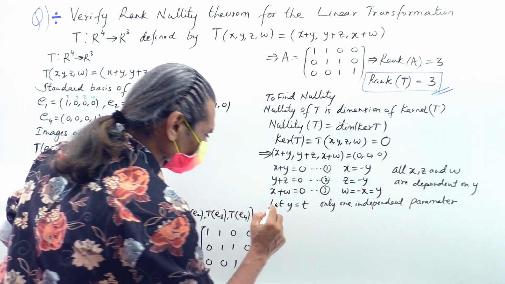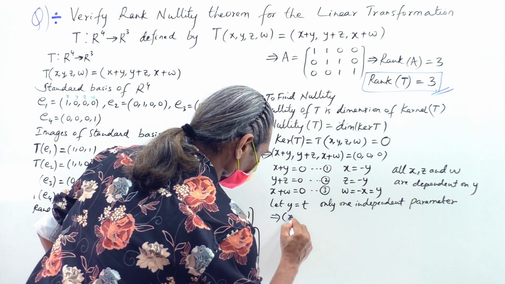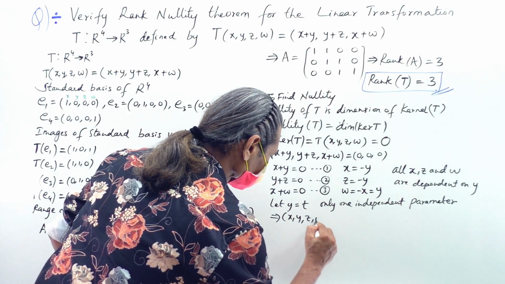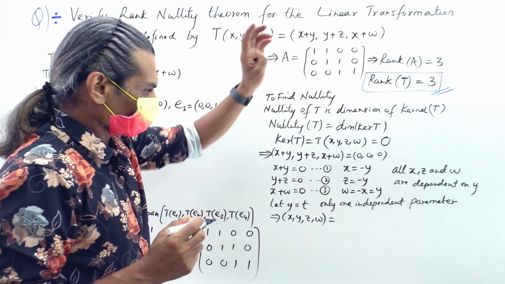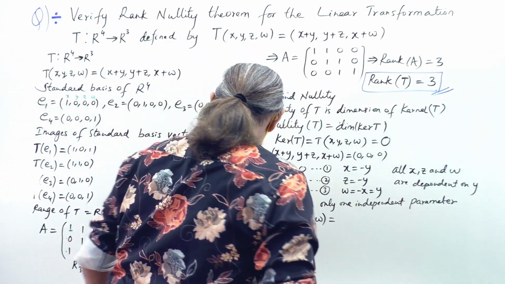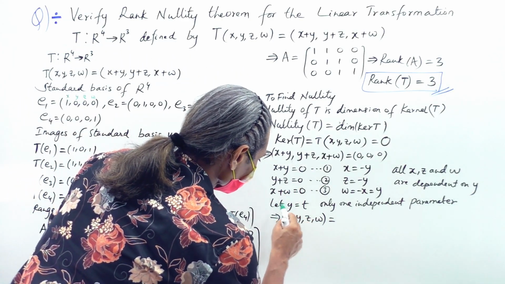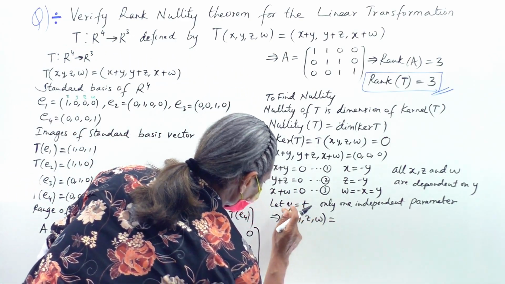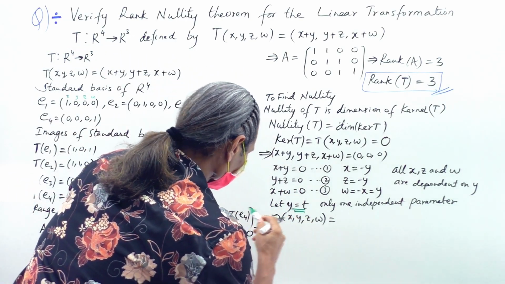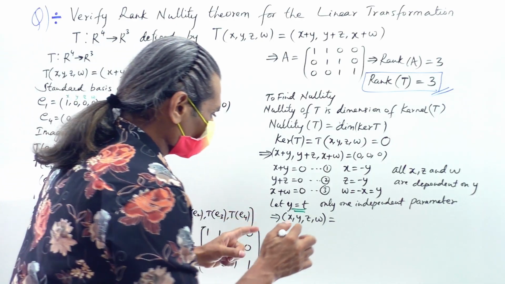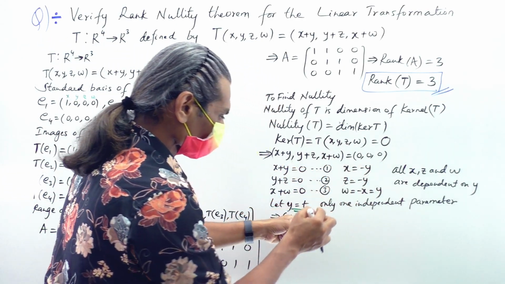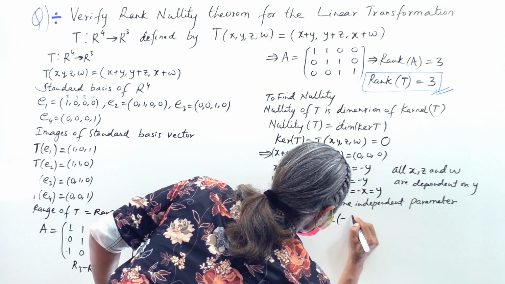Therefore I can write (x, y, z, w) is equal to, see, I had taken y equal to t as the only independent parameter. So x is minus y, and y is t, so this will be minus t.